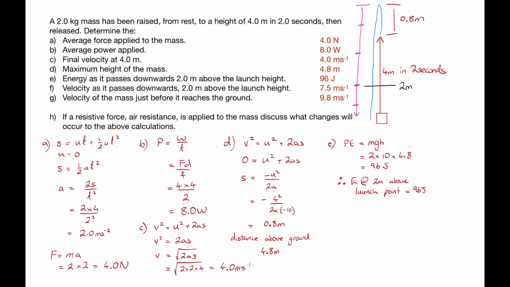If we want to find the velocity as it passes downwards, so for part F, we know that the energy at any point is going to be equal to its maximum energy. So mgh is our maximum amount of energy when h is at the very top. That is going to be equal to its kinetic and potential energy. So this is going to be equal to mgh at our point plus its kinetic energy, so half mv squared.